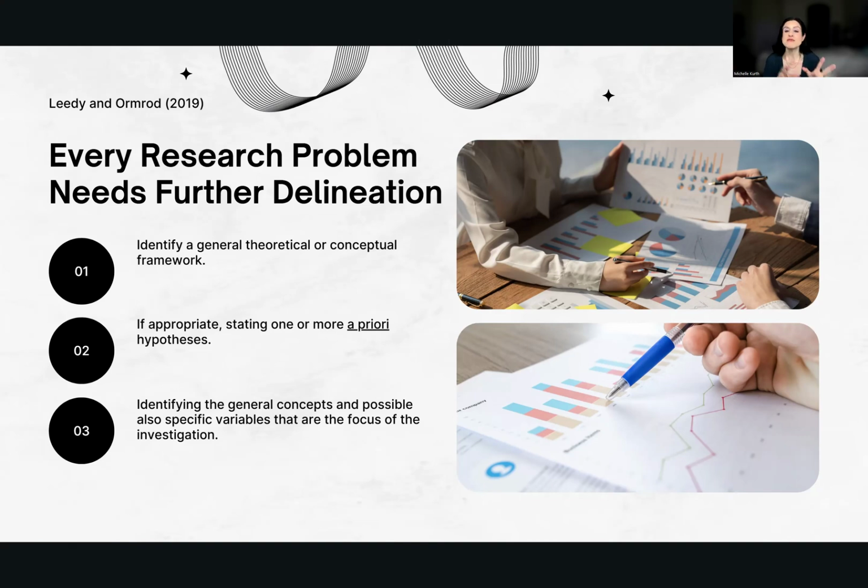You want to state before you collect or analyze any data what you think. And there is a hypothesis and there's a null hypothesis. We will talk about that later on in the course, not for this video, but you do want to state what will happen.